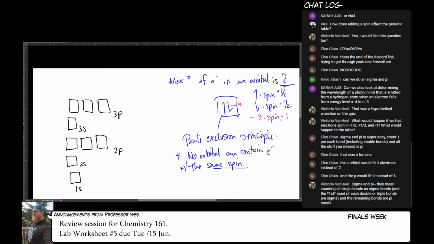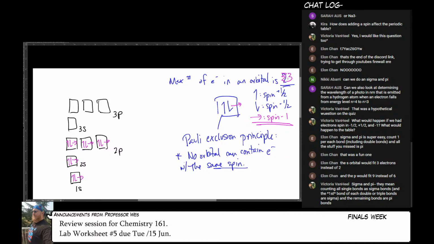In that environment, all the electron configurations would change if the Pauli exclusion principle was still valid. So my electron configurations would now look like this when I'm filling in stuff. If there are 3 different spins, now you can put 3 electrons per orbital.